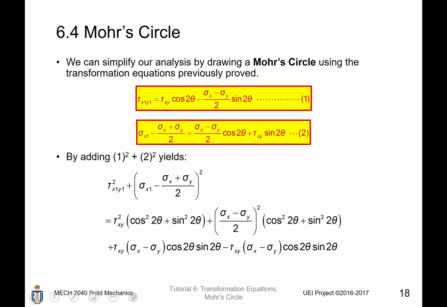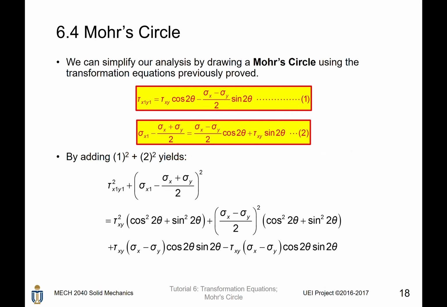After talking about principal stresses and principal planes as well as the transformation equations, let's combine all that we have learned into a new concept, which is called Mohr circle. Here are the two transformation equations we got previously. For the shear stress transformation equation, we call it number 1. For the direct stress transformation equation, we call it number 2.